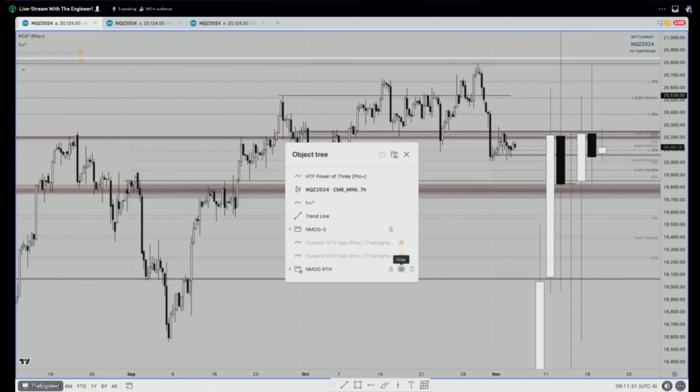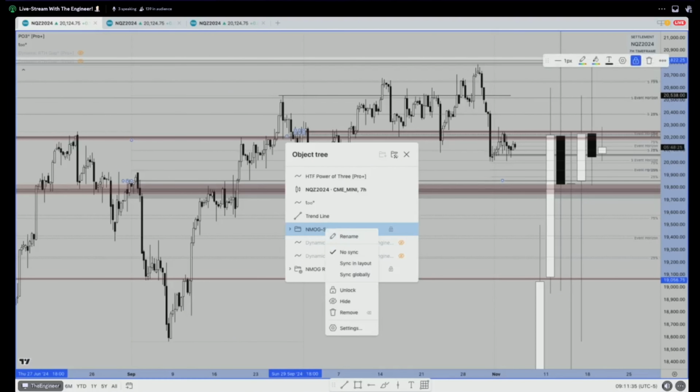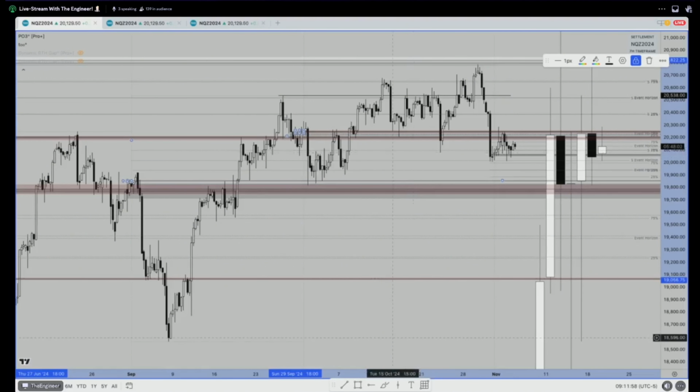I can turn that off, and if you want to sync globally, you can sync only in the layout or completely in every chart that is the same. So instead of copy pasting the levels in your chart, you're basically just syncing levels or hiding them if you don't want to see them. And this is really nice. I liked it. Okay, that's really awesome.